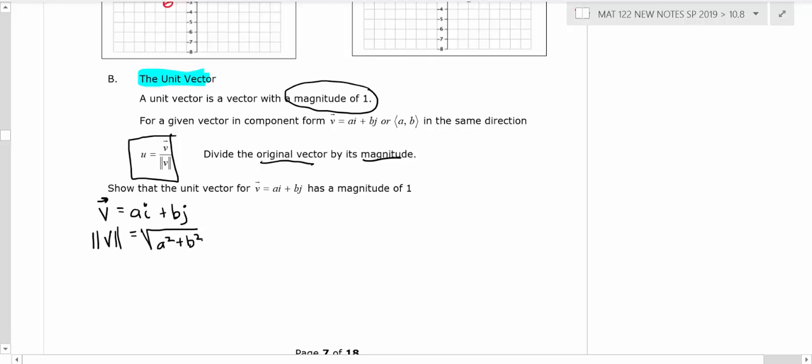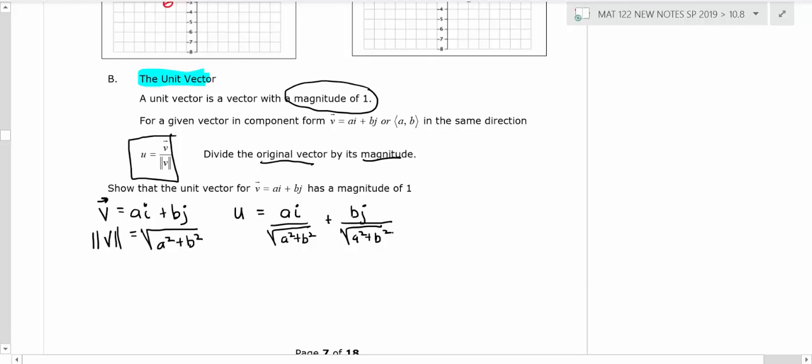So if we do the unit vector, we usually use the letter u, and then we would go through and do ai divided by its magnitude, and then plus bj, divided by its magnitude, like that.